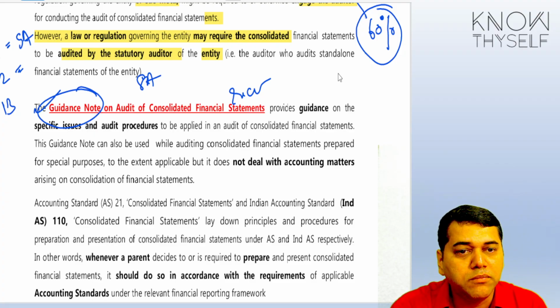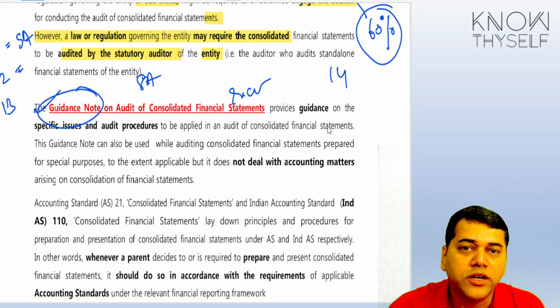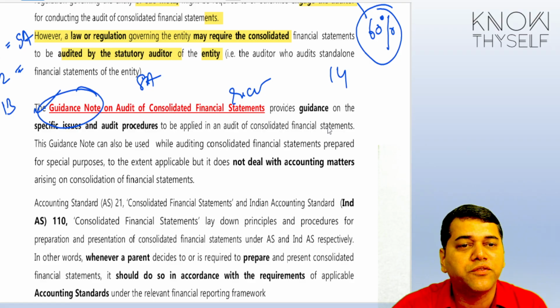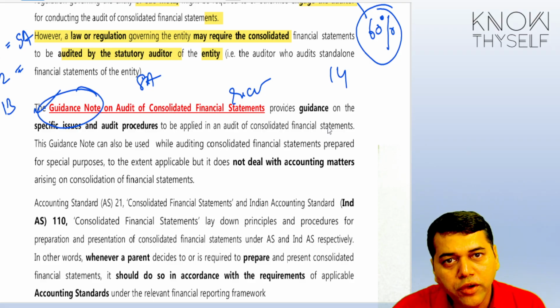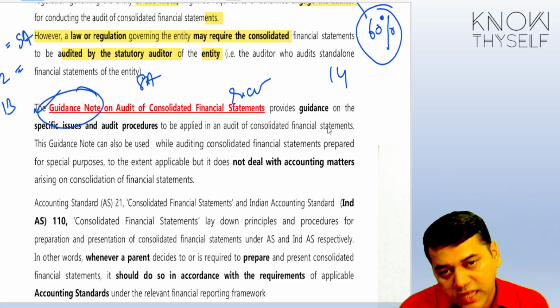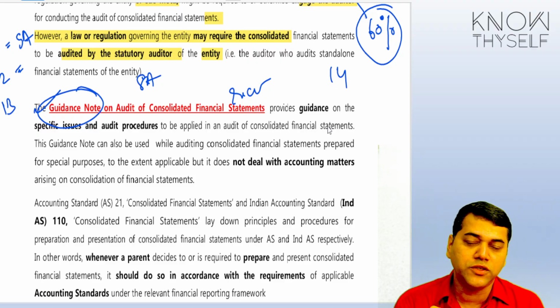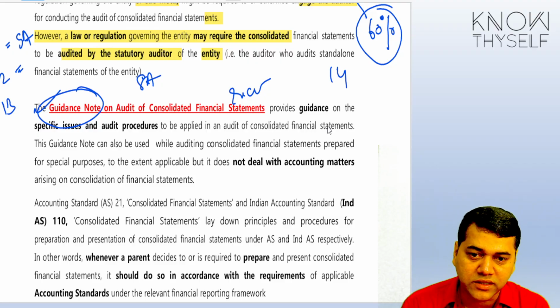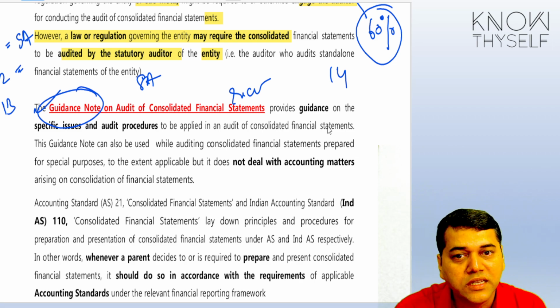Next, chapter 14, where are the contents coming from? Guidance notes on bank audit, guidance notes on NBFC audit. Did they give you every content? No, that itself is one module, one book. They have given you the relevant portion. Once you have understood where these contents are coming from, you see why you should learn this language.